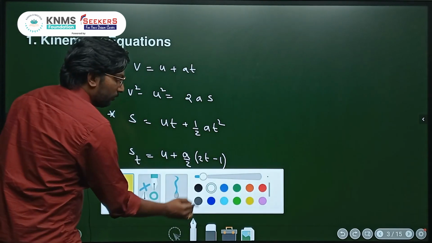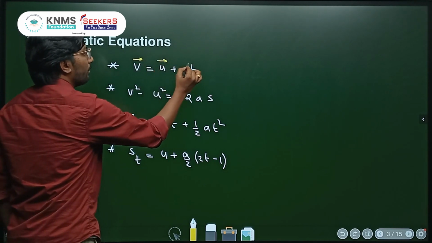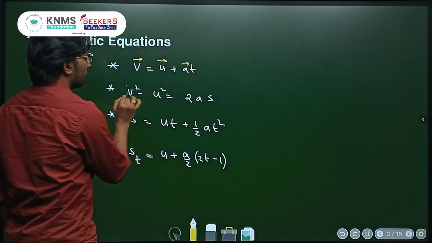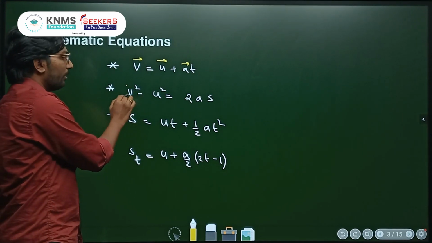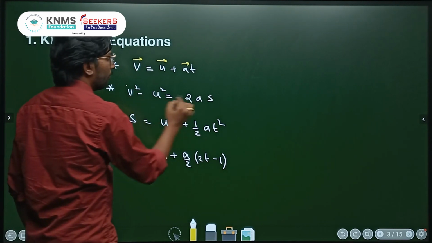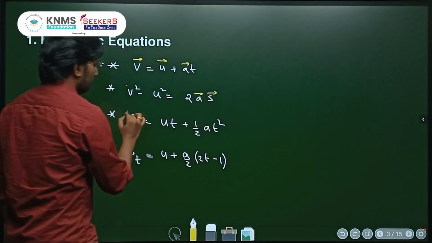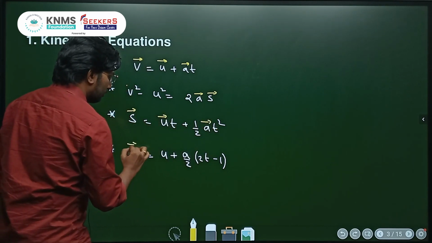I would advise you all, please make sure you write all these quantities in vector format. Here it is not necessary because in this case v square and u square we are squaring, or we are doing a dot product between the same vector, which will give the result as a magnitude square of the magnitude. Time is not a vector quantity.